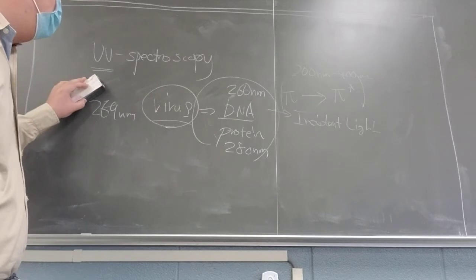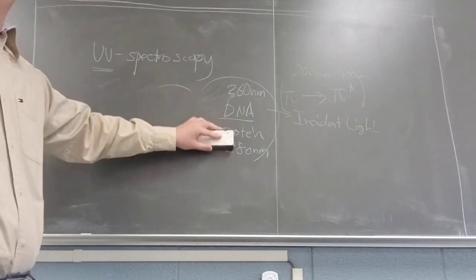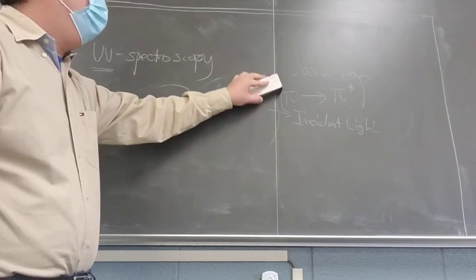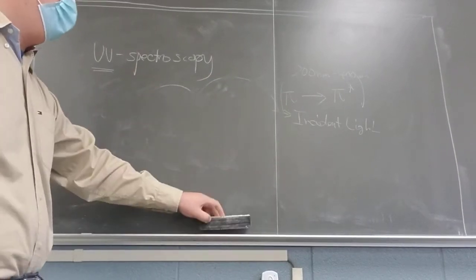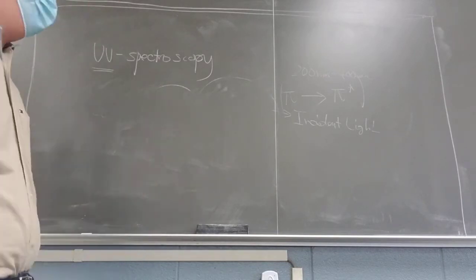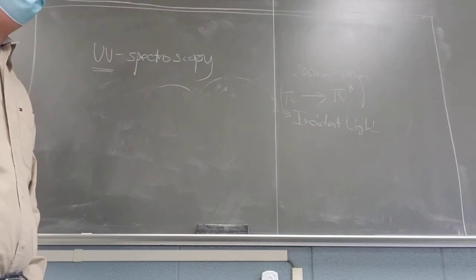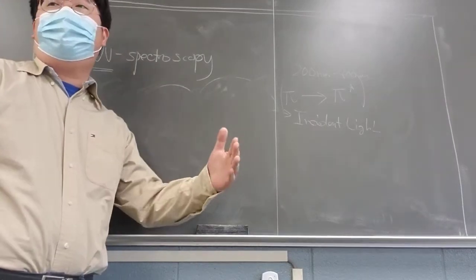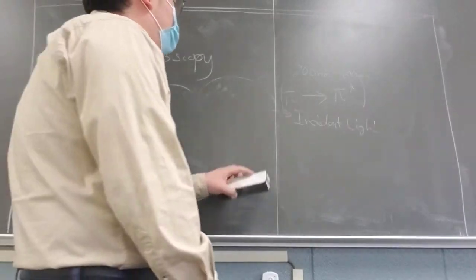I'm still working on a few; some of them are already done, but this is indeed a very useful spectroscopy. We can find out how much of some compound, or even virus, or any compound with a conjugated pi system there is. We can quantify it easily with this. Makes sense, right?